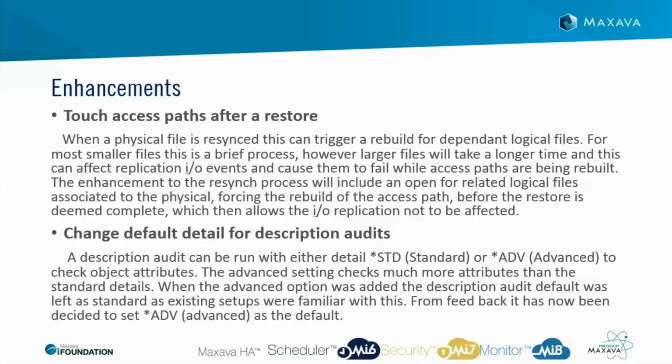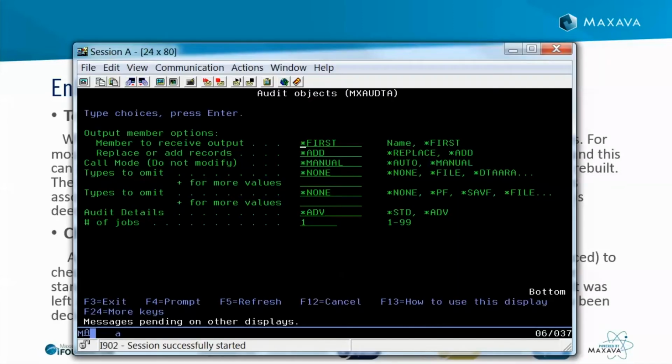From feedback from our customers, we've decided to set the advanced *ADV as a default value. Using the audit command MXAUDTA, you'll now see that the audit details is now set as *ADV advanced, whereas previously this used to be a default of *STD standard.